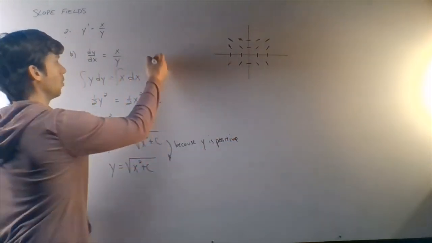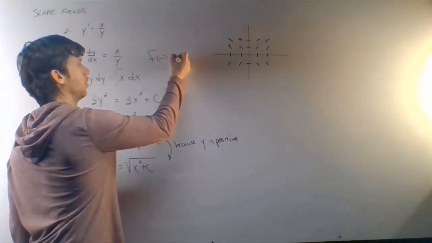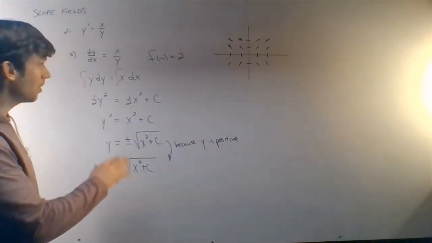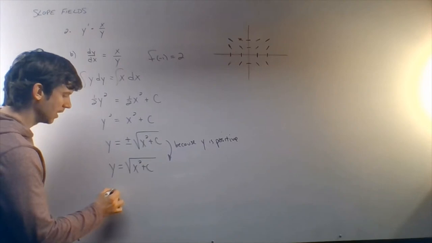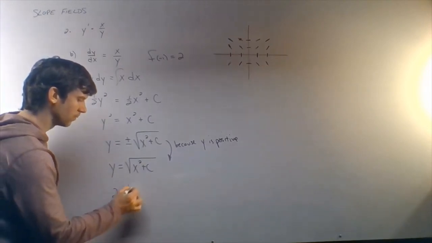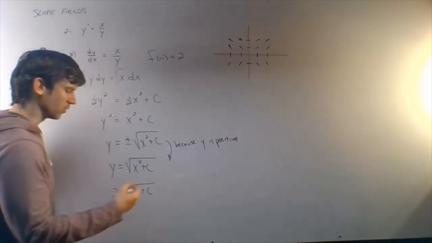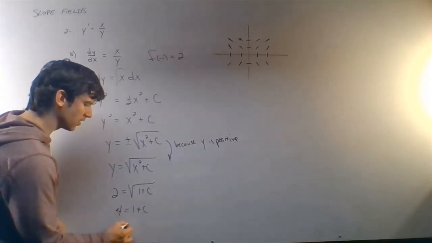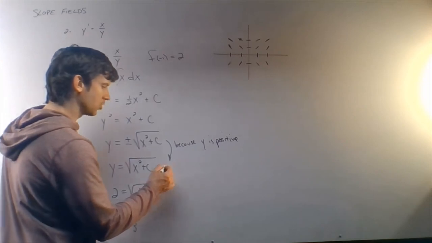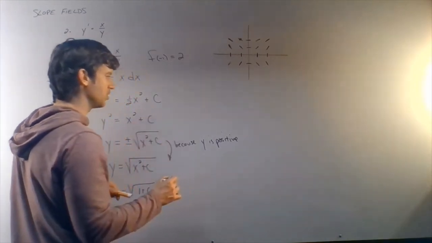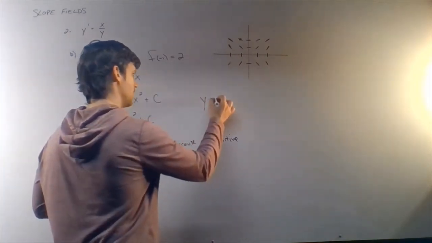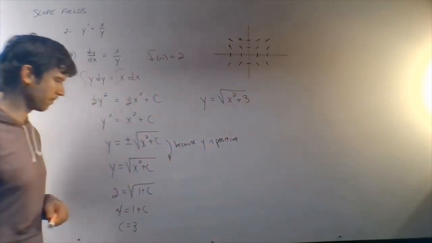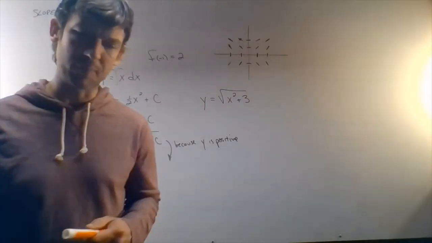Okay, well I actually can find c, because I can plug my -1 in for the x, and I know that the y is going to be a 2. So we square both sides. I get 4 equals 1 plus c, so c is 3. And so my solution for this problem is y equals the square root of x squared plus 3. Okay, so that's the answer to letter B.